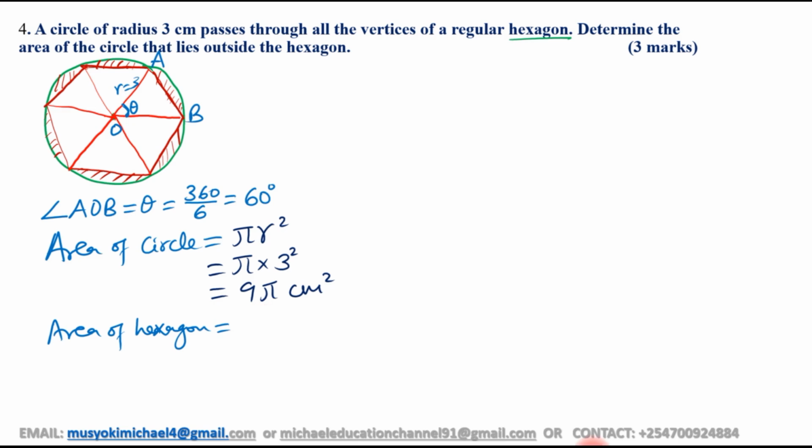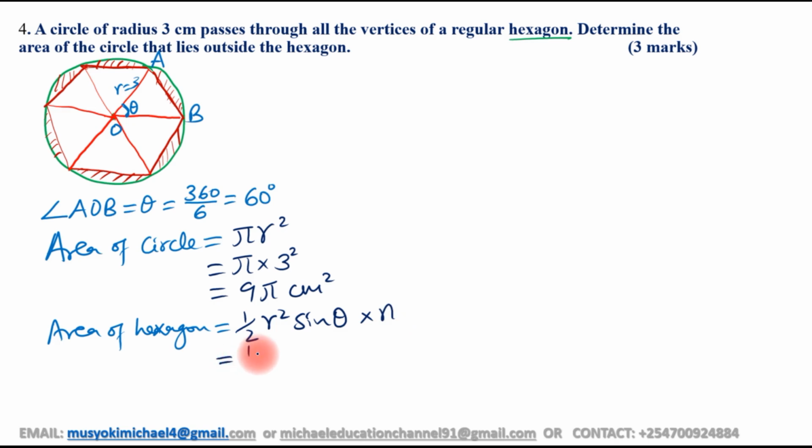Since it has 6 faces and there are 6 triangles which are equal, I'll use the formula of half AB sin theta. In our case it is radius, r squared sine theta, times n, the number of triangles.